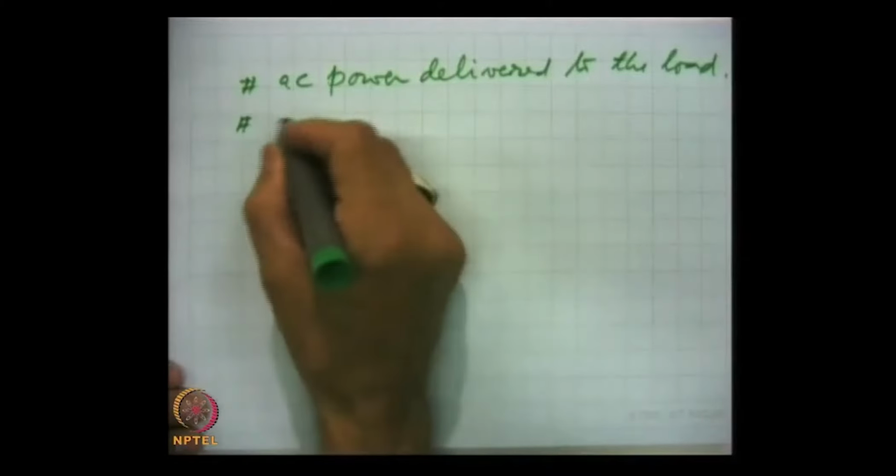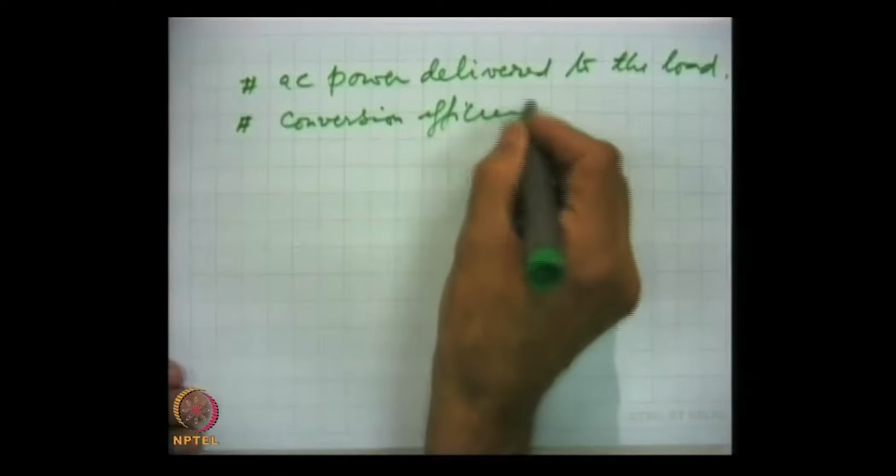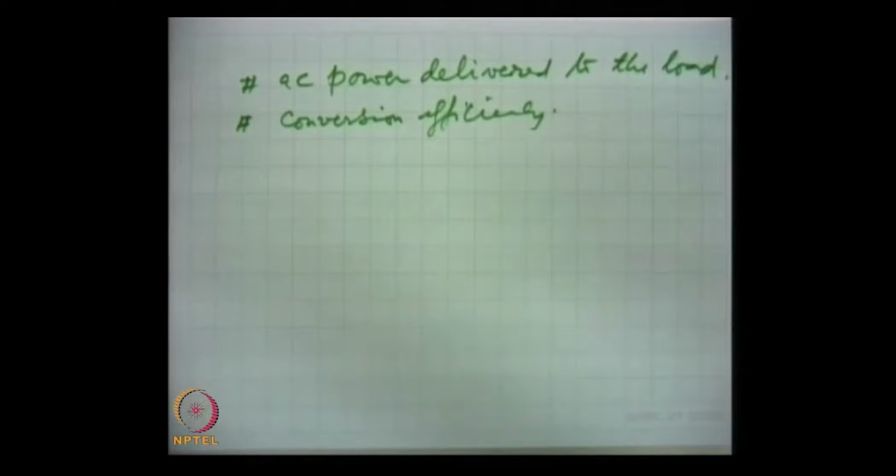It comes from the DC power which is supplied to the system. So that is known as conversion efficiency: with what efficiency the amplifier converts DC into the useful AC signal. These are the considerations which we are going to study.